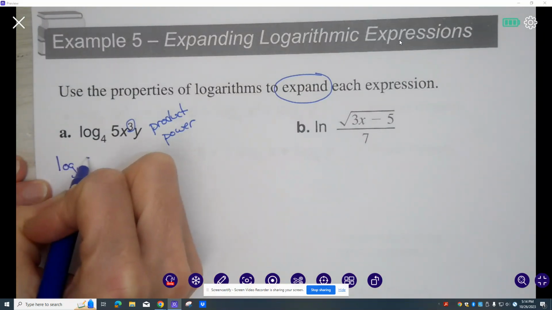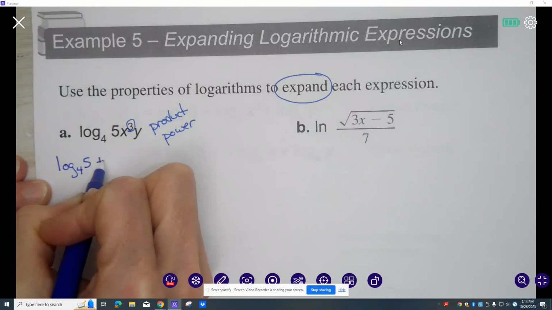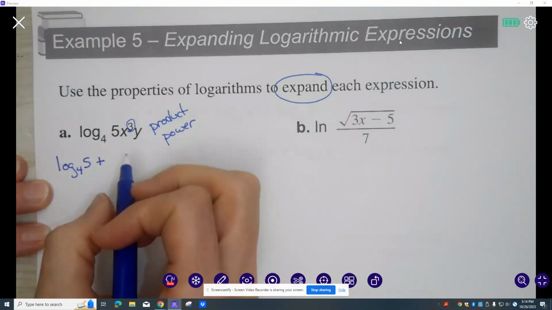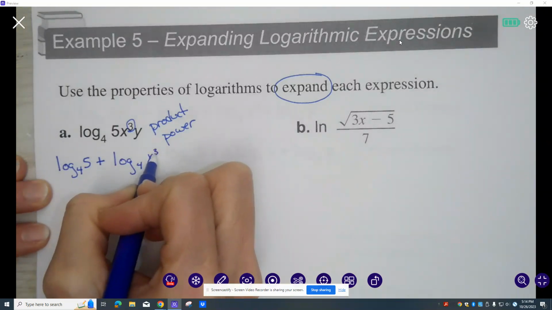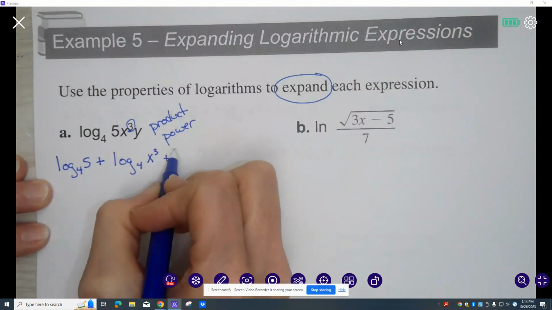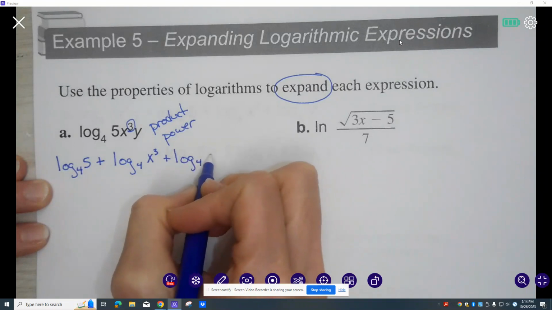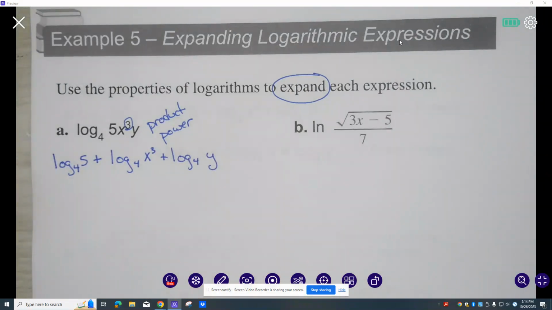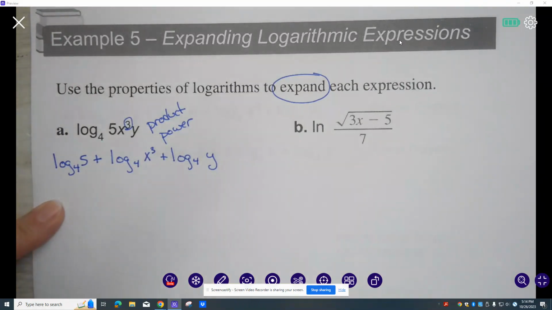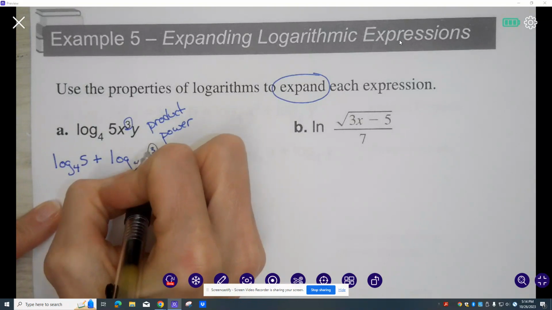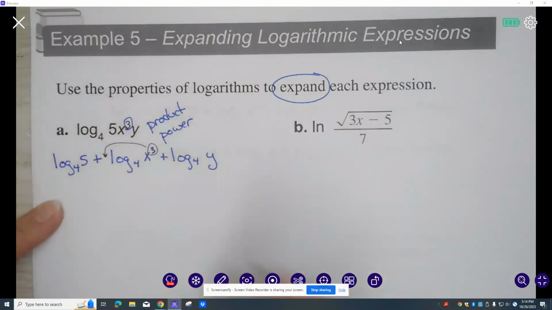Log 4 of 5, remember multiplication becomes addition, plus log base 4 of x to the third plus log base 4 of y. Okay, so I've expanded it out, but I need to do one more expansion and take that exponent, use the power rule, and have that down in front.